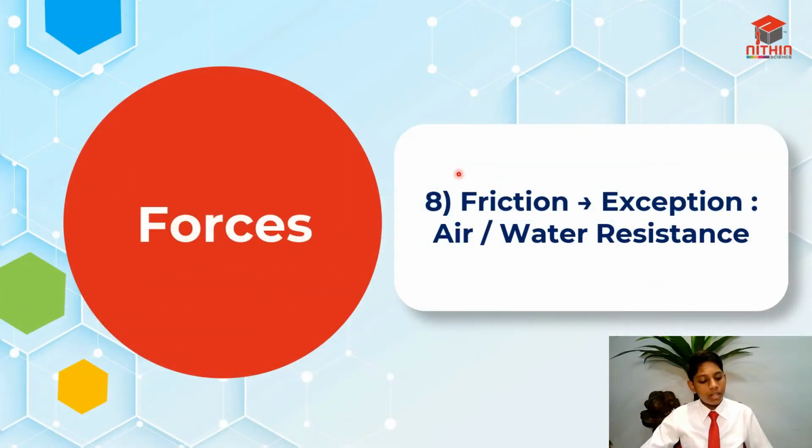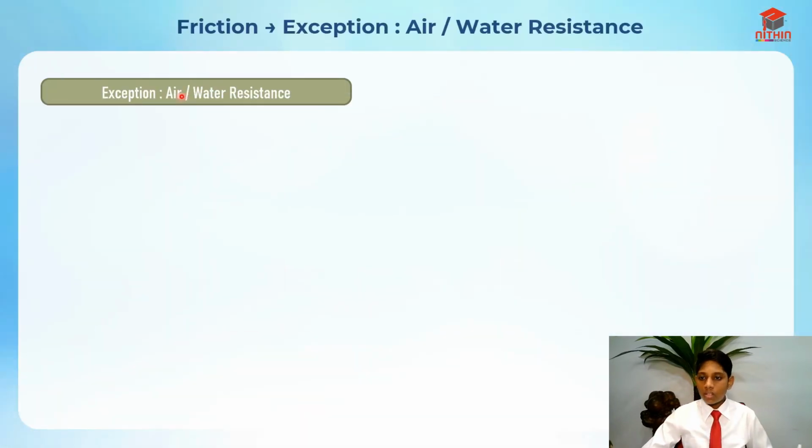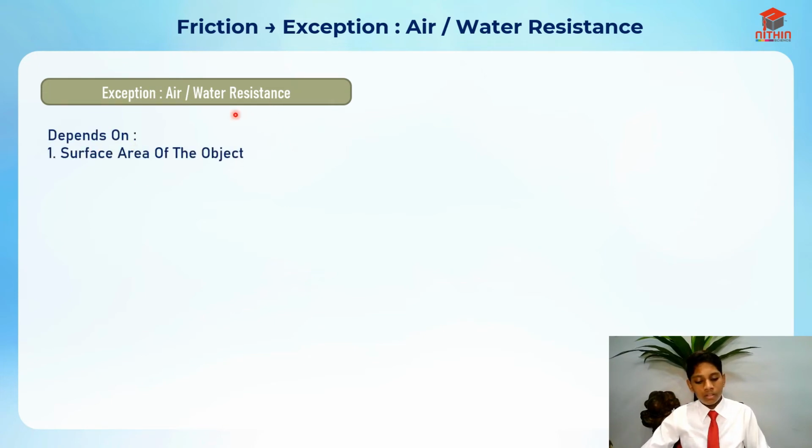Okay, so for segment number 8 of this video, I'll be going through friction and the exception of air and water resistance. So this is the only exception, basically air and water resistance. So let's take a look at it. Air and water resistance only depends on the surface area of the object. So this is the exception.